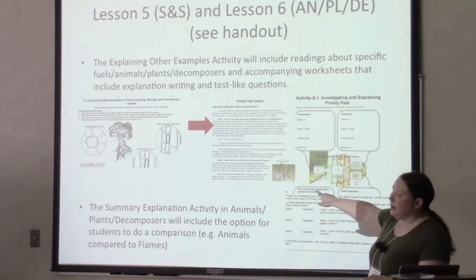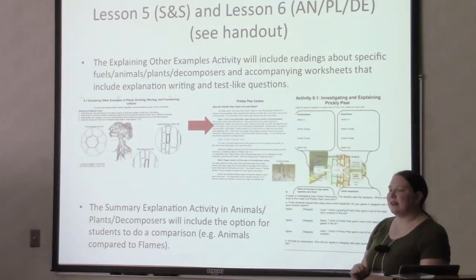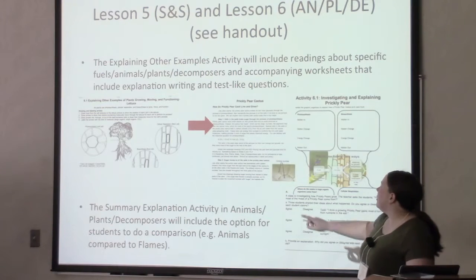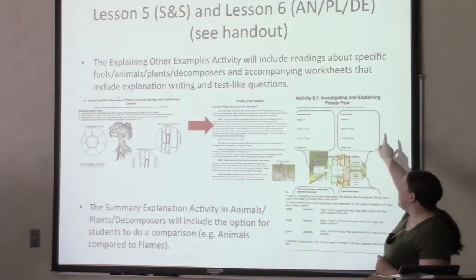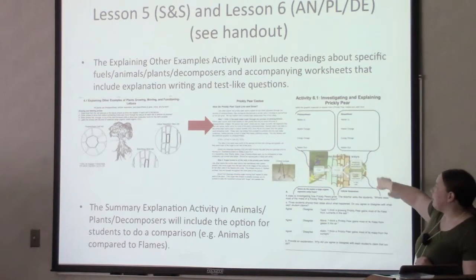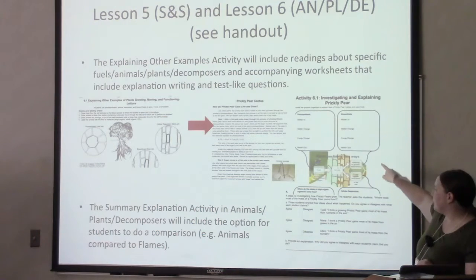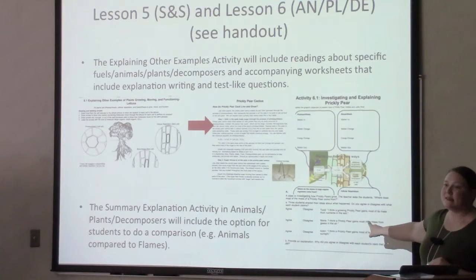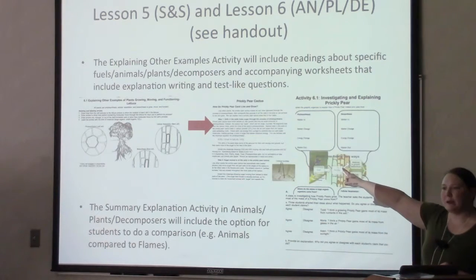So this reading lets students see that there are unique plants and animals that do this a little differently, but the general story is the same. Along with these readings, there's a worksheet for students that includes writing an explanation about these processes in the plants in a graphic organizer format, and then some test-like questions about that specific organism, the prickly pear.